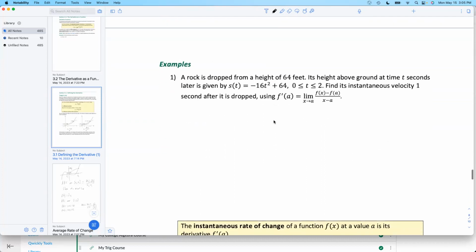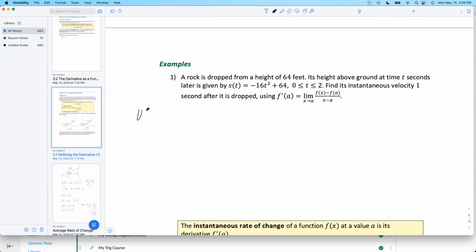Okay, so let's look at some examples. I've got some function here. I want to find the instantaneous velocity 1 second after it's dropped. I'm going to use the other version of the derivative.